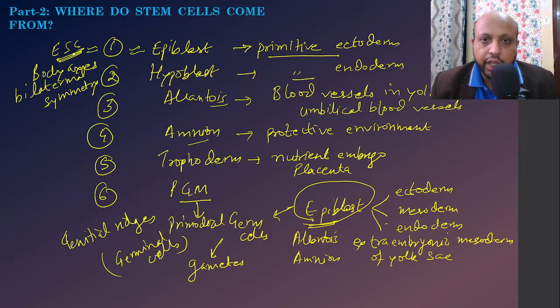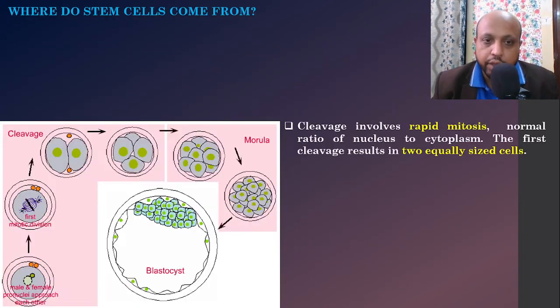Like you get embryonic stem cells from the epiblast, you can also get germinal cells from the primordial germ cells. They can also have pluripotency potential, and you can also take the umbilical cord or umbilical blood, which can also have pluripotency potential. So that's how you are basically deriving stem cells from the organism.